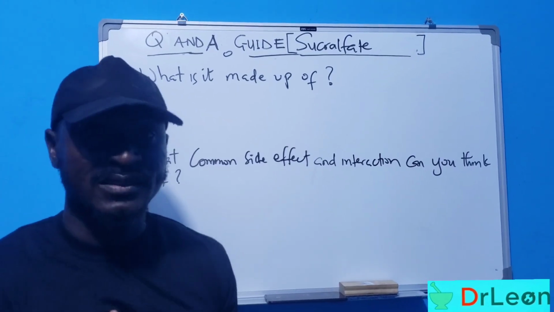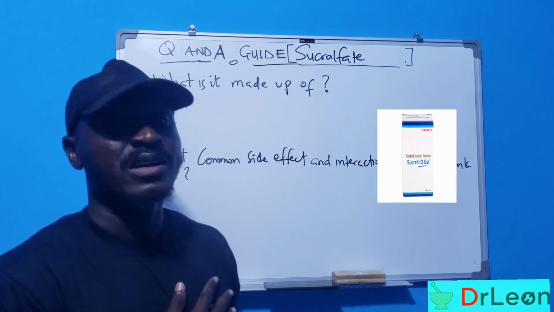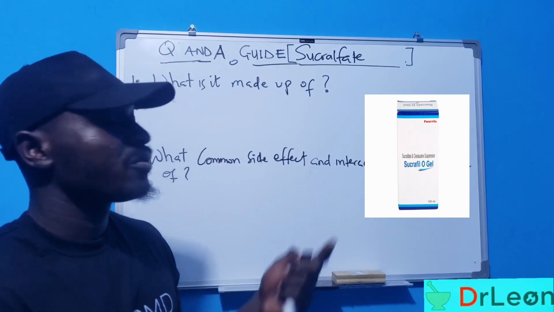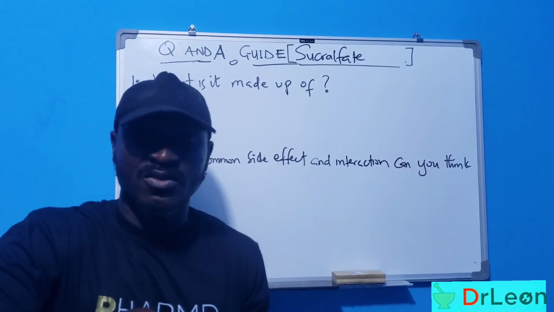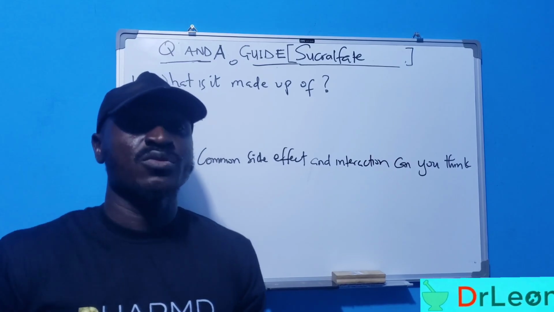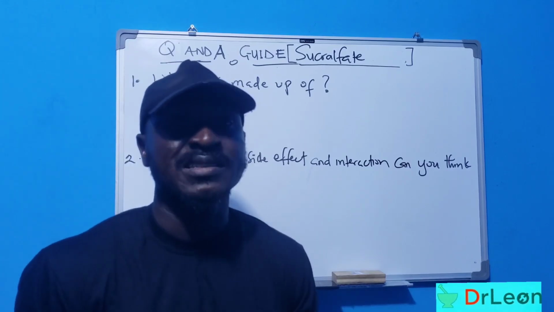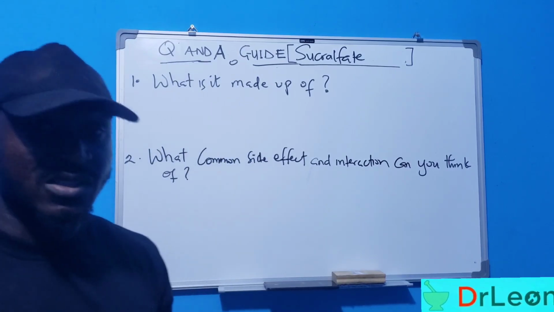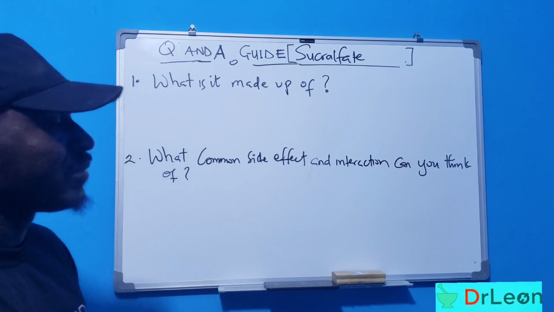And the next one will be a question and answers on Sucralfate. If you remember, it's one of the protective agents. They cover the stomach mucosa to prevent an attack from the stomach acid and the stomach juices or enzymes like pepsin. So what is it made up of?